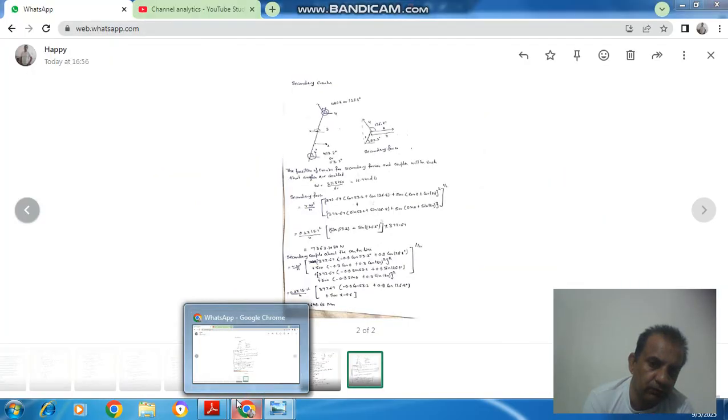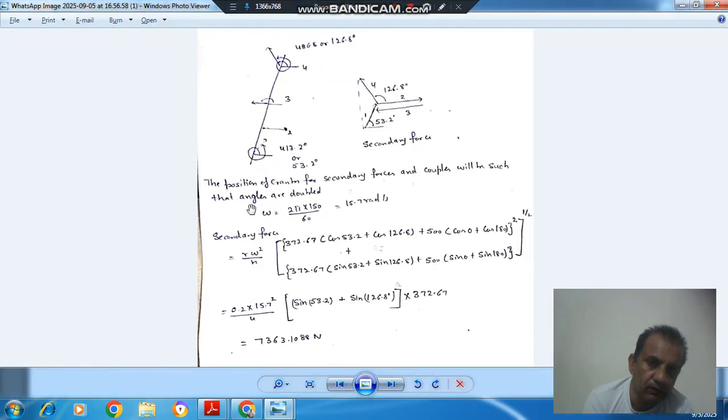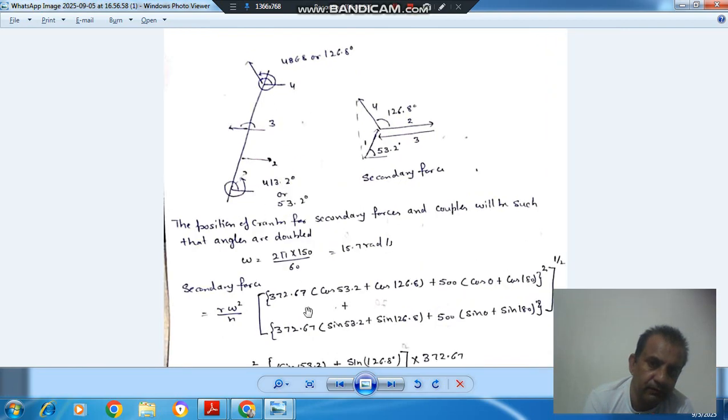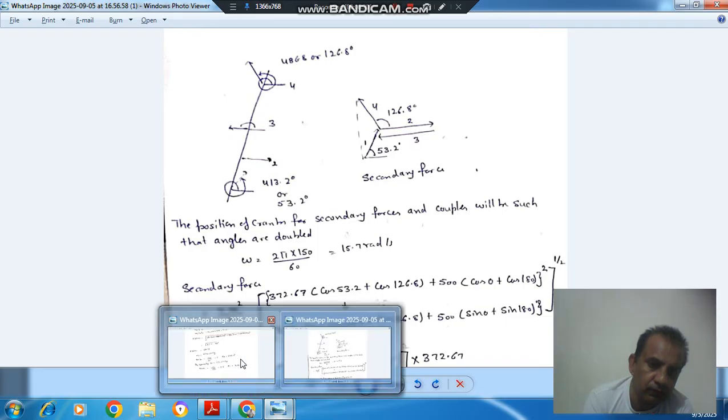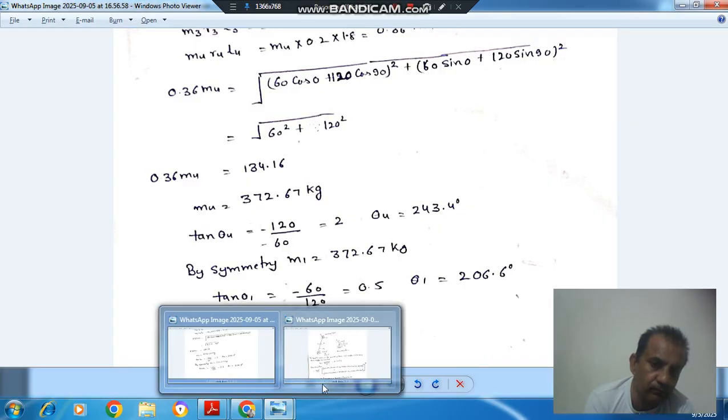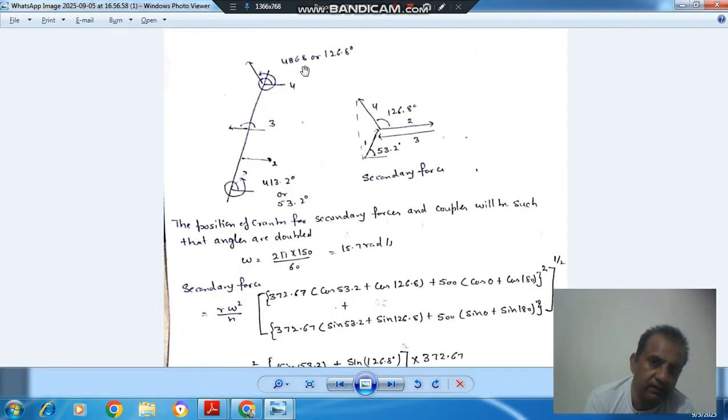Now for the second part, secondary cranks. So this is the secondary crank diagram. In secondary cranks, all angles are doubled. This angle we have found is 243.4, so its double is 486.8, or subtracting 360, it will be 126.8.